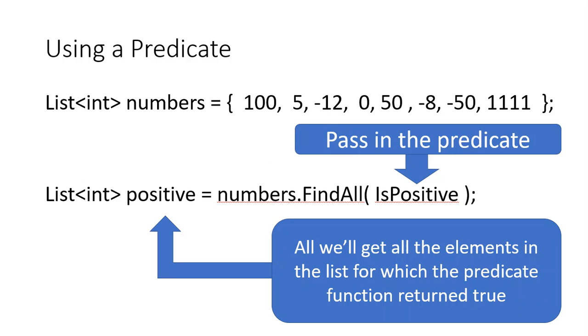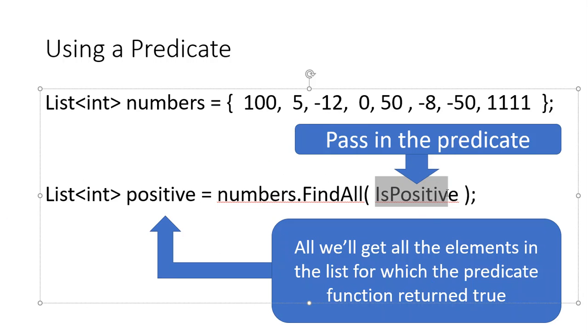So what does that look like? Well, there's our list. And remember, we wrote a function called isPositive. We're going to pass that function into the find all function. What's going to happen under the hood is our list will look at every element that it has, and it will pass it into the predicate function.